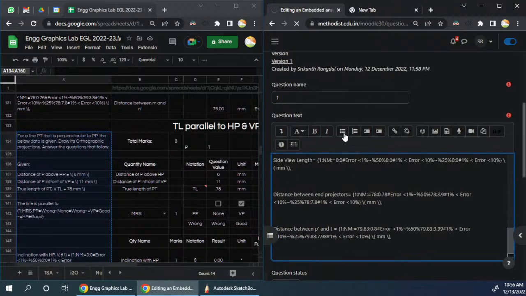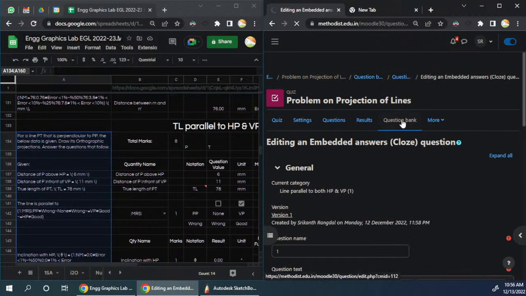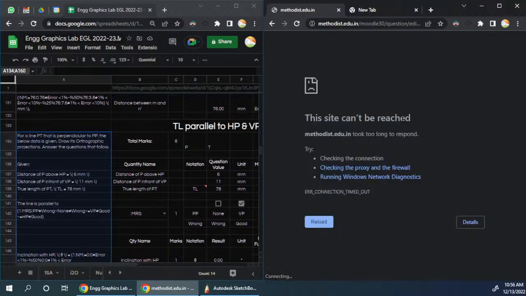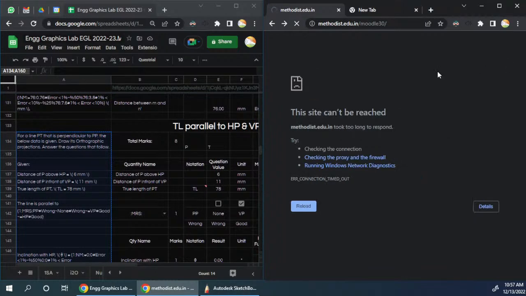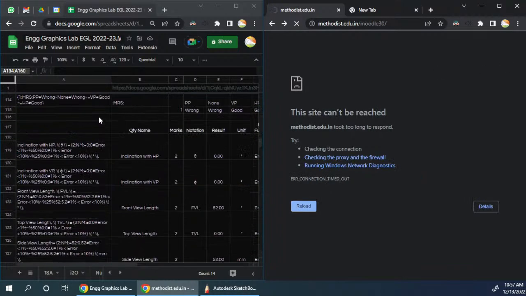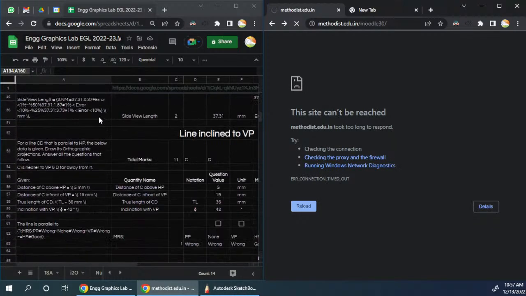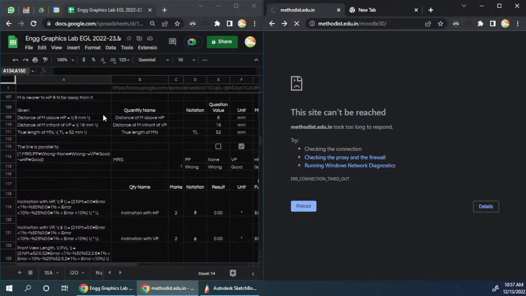I think it's better at this point to just delete it and create a new one. It's again taking time, so let's go back and verify the other question types, should we?